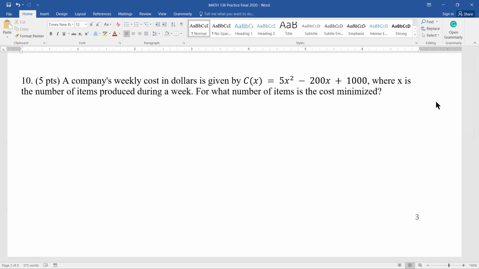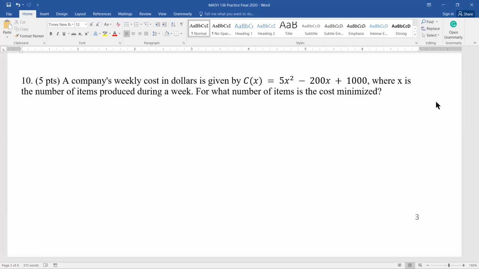So we're going to take our formula to find your vertex. Remember, to find the x coordinate of vertex, you use the axis of symmetry formula. So x equals negative b divided by 2a. So negative b means take the opposite of the linear term of your equation. So opposite of negative 200 is 200 divided by 2 times a.